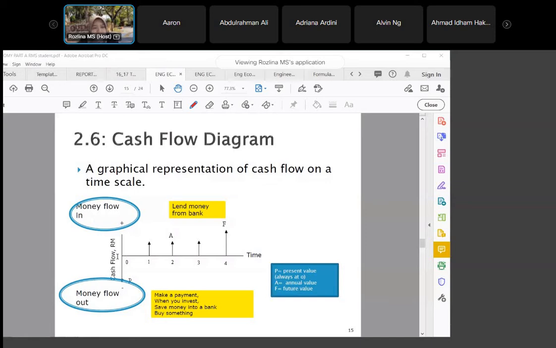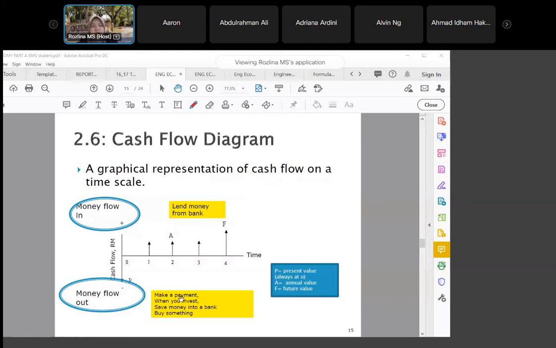If the arrow points upward, it means money flows in. Let's say you borrow money from a bank. You get the money, so the cash flow shows that you get the money. So the arrow will be upward.